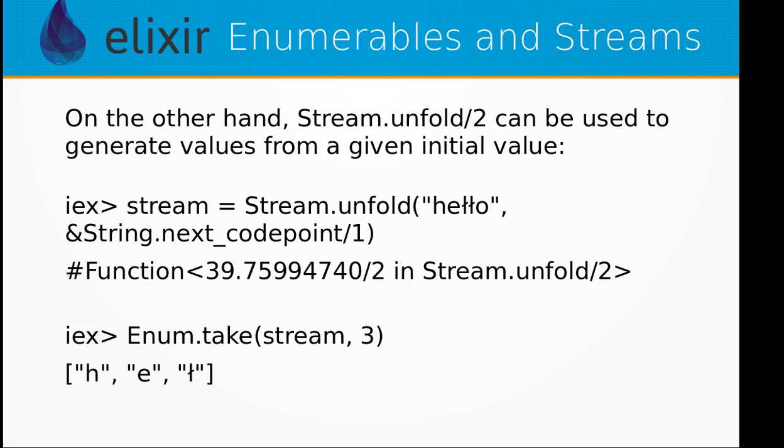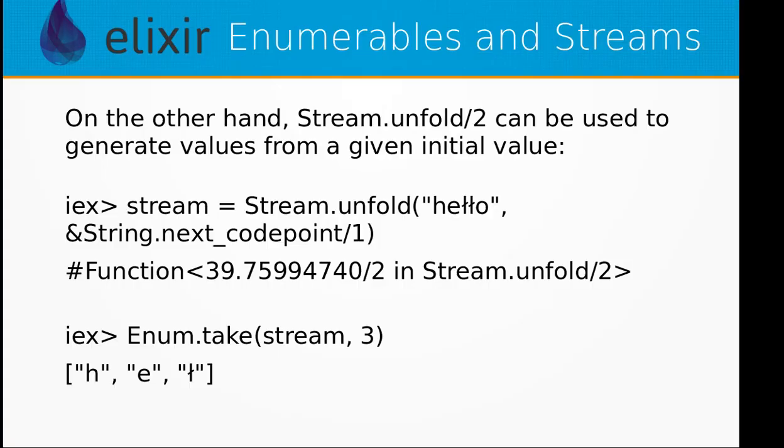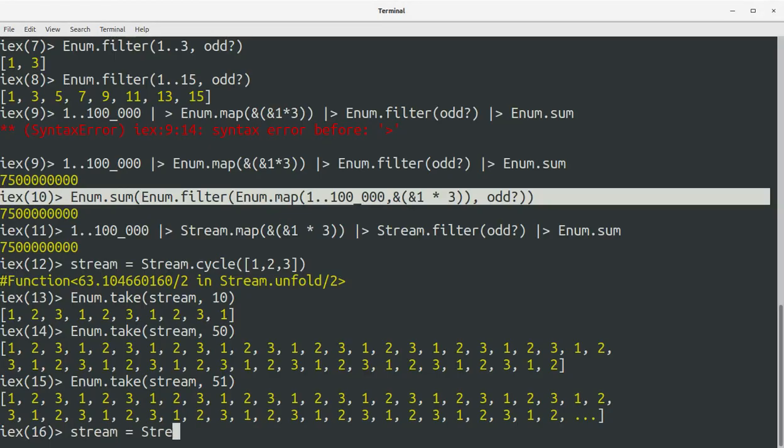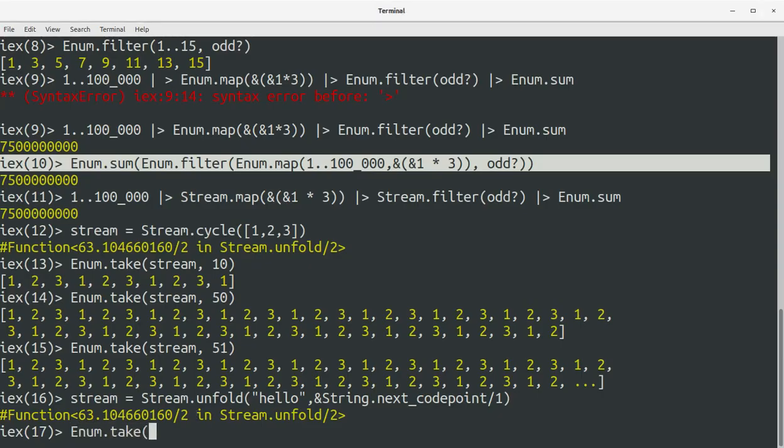On the other hand, Stream.unfold can be used to generate values from a given initial value. So let's try it with the string: stream equals Stream.unfold, passing a string "hello", and String.next_codepoint. Enum.take stream, 3.